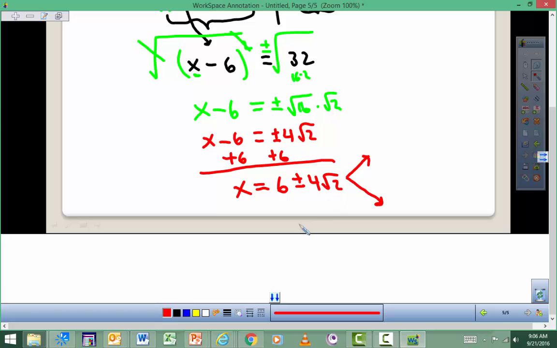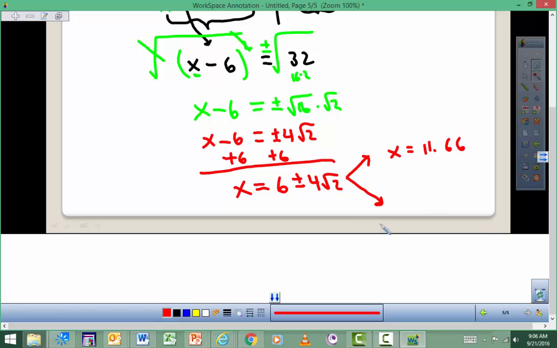You're not going to be required to do this, but I think I'll do it just once. Show you what happens. So if I take 6 and I add 4 square root 2, I get x is equal to 11.66 or so.